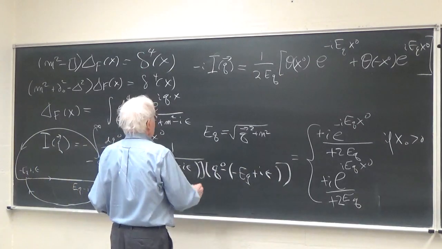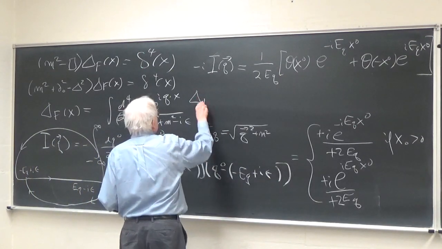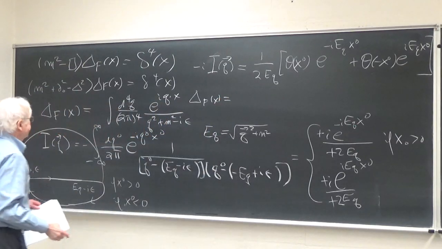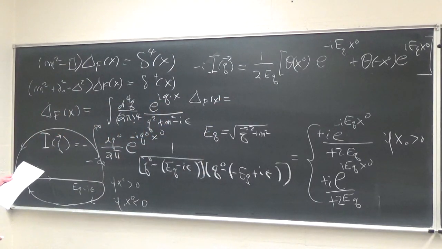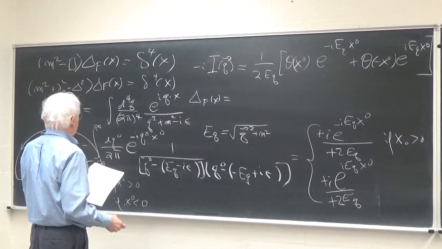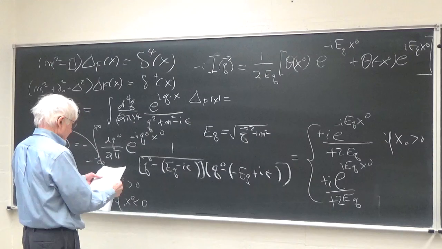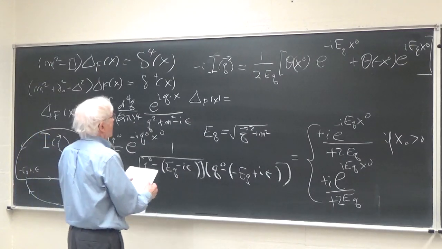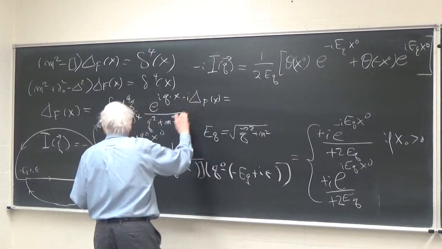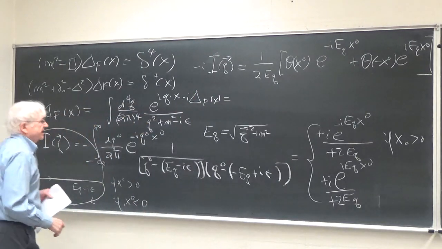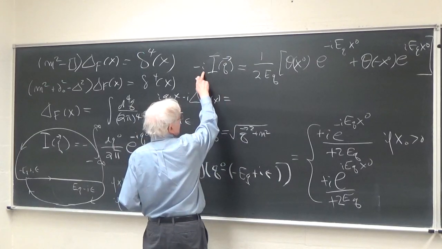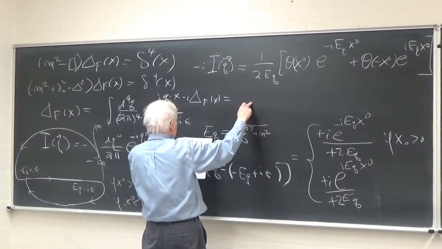And so what we've got then is that Delta F of x is, or to put it, all right, for some reason I'm going to multiply by minus I. Minus I Delta F then will give us an overall minus sign there.